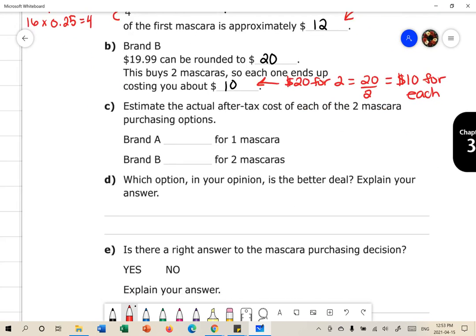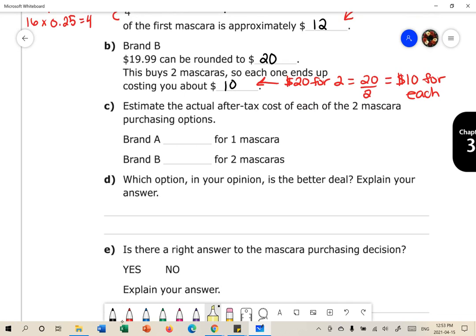Estimate the actual after-tax cost. Now remember, after tax is your HST, your tax, 13%. So let's read this again. Estimate the actual after-tax cost of each of the two mascara purchasing options. Okay, so brand A, we said was $12 approximately.